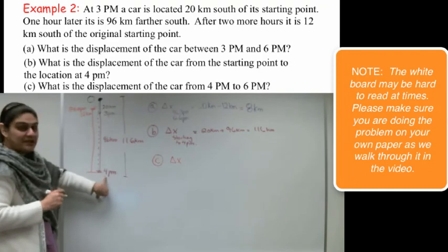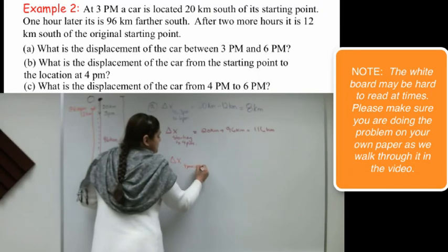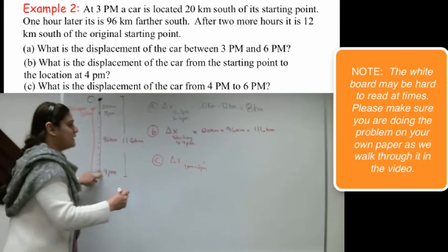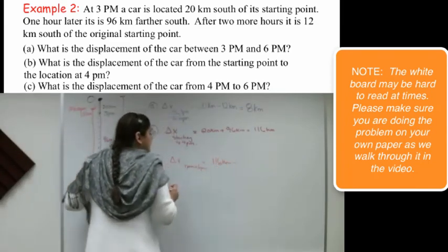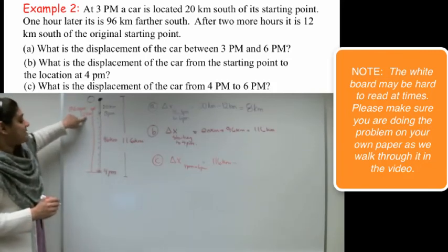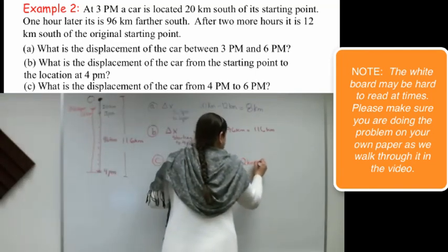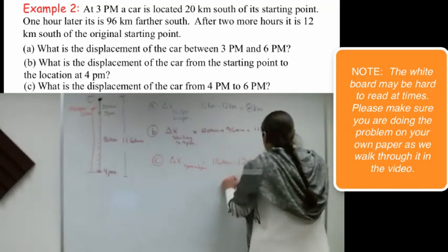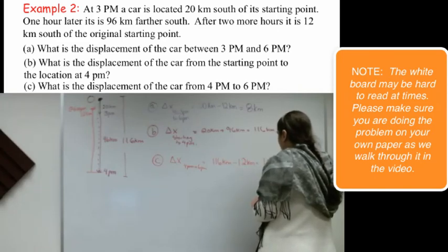Where am I at 4 p.m.? So from 4 p.m. to 6 p.m. That means I, right now, am at 116 kilometers at 4 p.m. And then we're going to be at 12 kilometers at 6 p.m. So my total displacement between these 2 points is 104 kilometers.